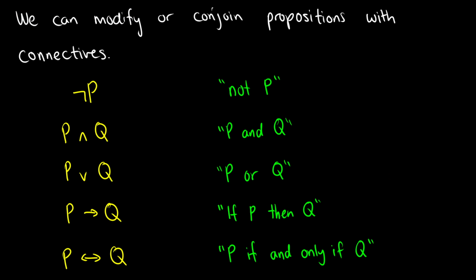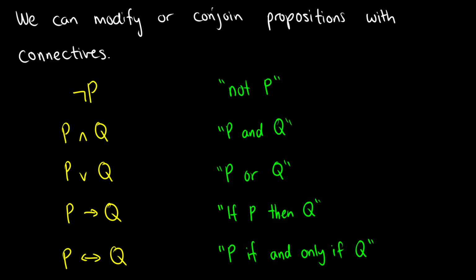Okay, so let's take a look at some connectives. Now, every proposition is affirmative. So the sky is blue, 2 plus 2 is 4. But we can join propositions together, like the sky is blue and 2 plus 2 is 4, or the sky is blue or 2 plus 2 is 4, or we can just negate one. So we could do the sky is not blue, or 2 plus 2 is not 4.